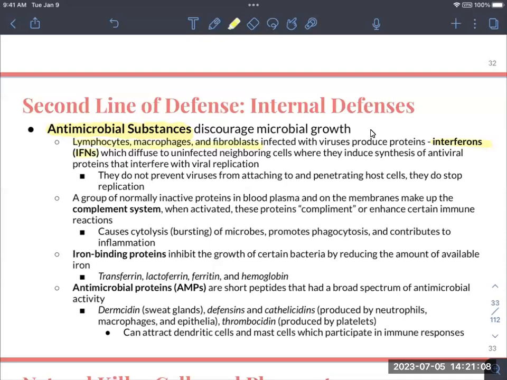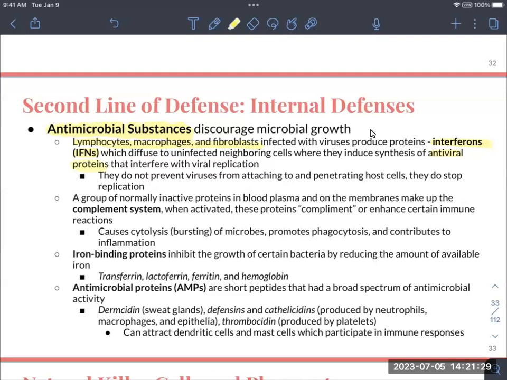They're going to actually diffuse to neighboring cells. And these neighboring cells are going to make this antiviral protein that'll try to prevent the virus from replicating in the cells next door.